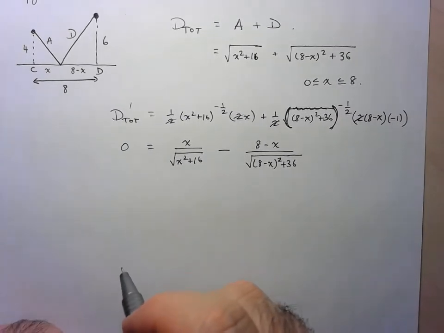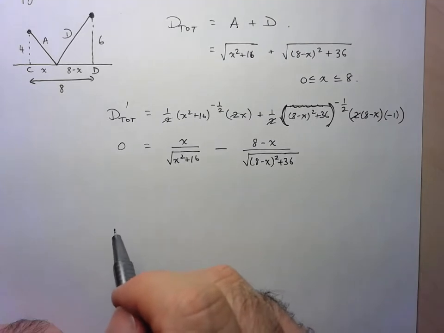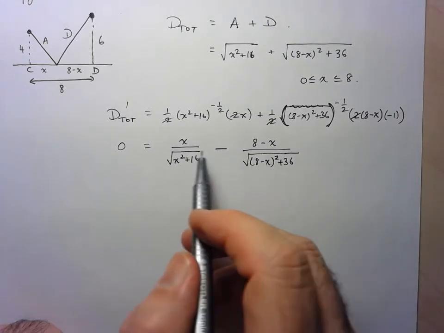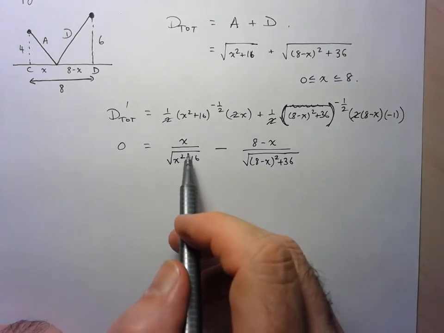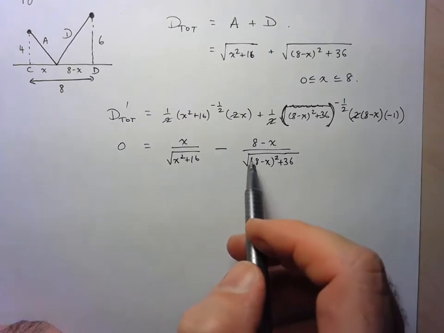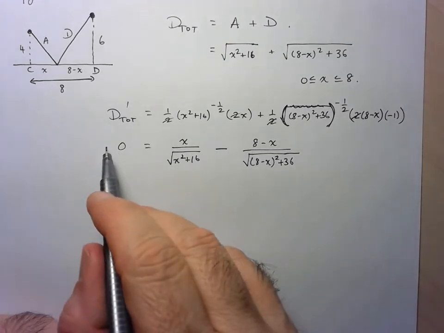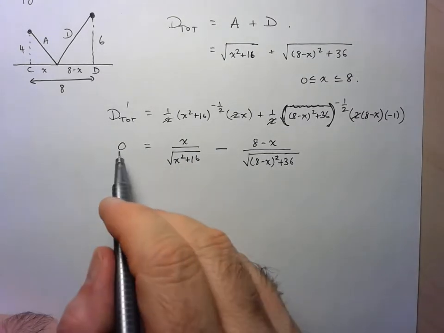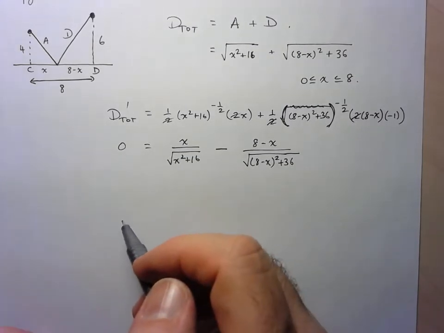So here, while I would normally suggest subtracting these with a common denominator, I notice here something we've seen in the past. I got these square roots that I would really like to get rid of. Okay, so I think what makes more sense is to bring one of these onto the other side of the equation, and then we can square both sides to get rid of the square roots.